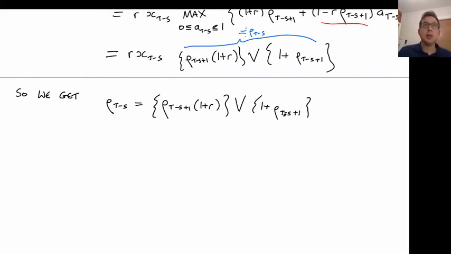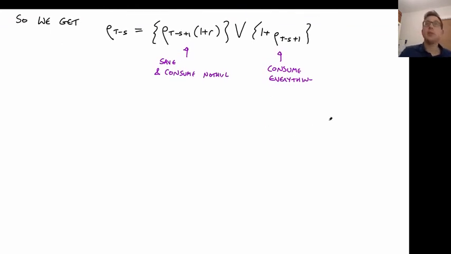So this term here means save and consume nothing. And this term here means consume everything. The 1 here means consume everything, and then we've got the proportions of consumption from there on out. All right, so now let's draw a picture of what's happening.